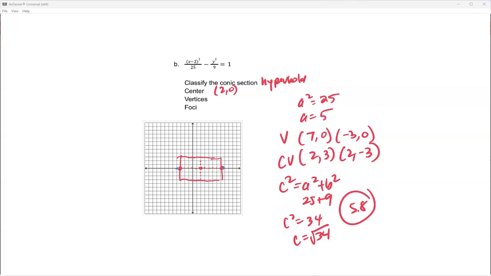So it would be what? 7.8 comma 0 and negative 3.8 comma 0, right? And those are your answers. And then make sure you graph the line going this way. And because the x is squared, you're going left and right. So far, so good with those two problems. All right.